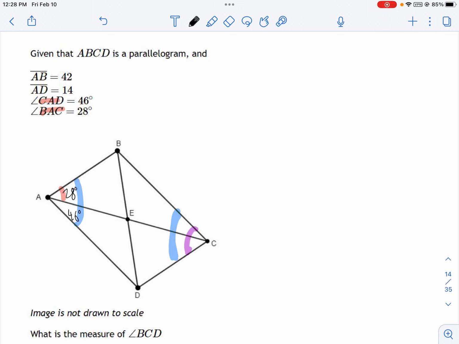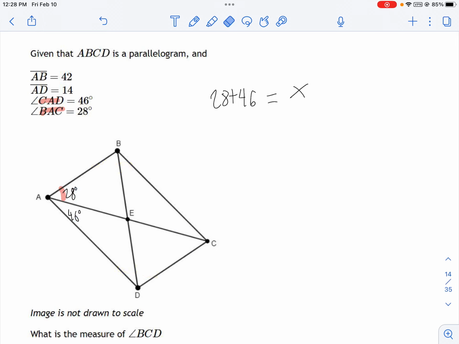Our two angles here, 28 plus 46, which make up the entirety of angle A, should equal the other angle, our missing angle that we need to find, because they should be congruent. Both of our blue angles here are congruent to each other. Likewise, if we had this angle up here, the whole thing, it would be congruent to the entire angle down below. That's your first angle theorem.